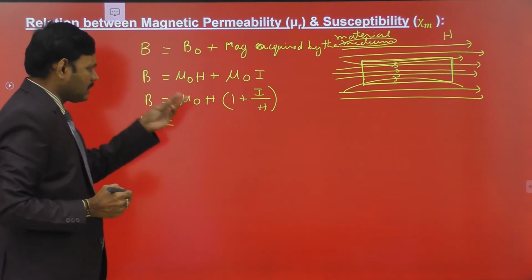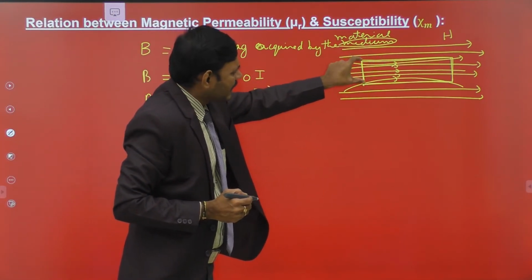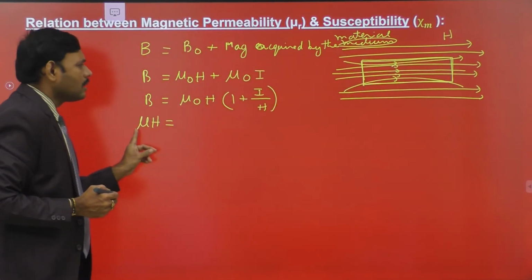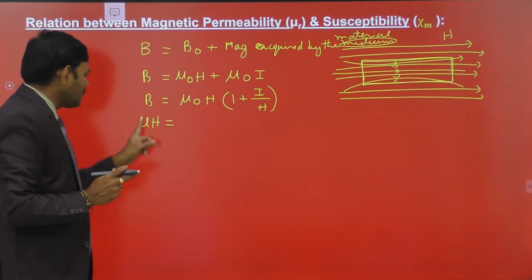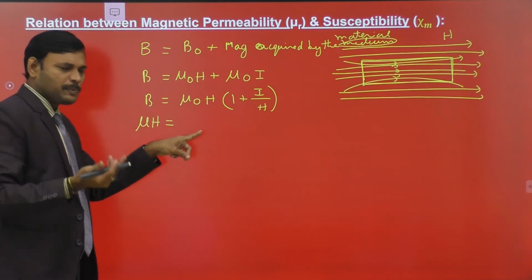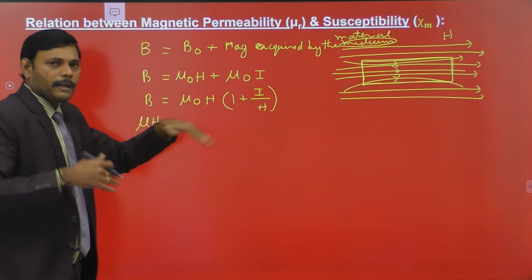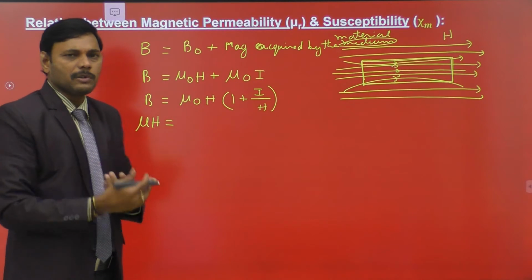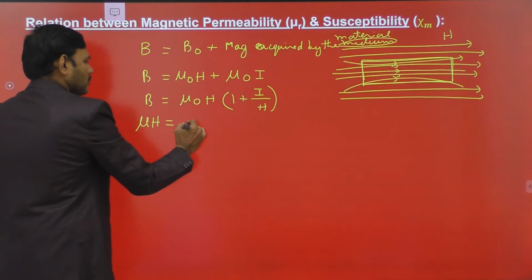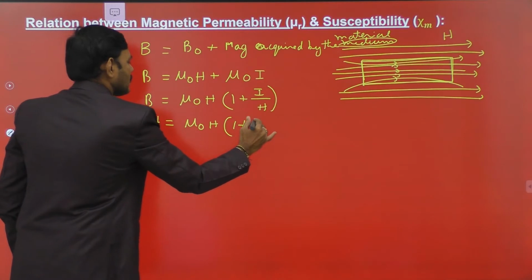If mu is the absolute permeability of the magnetic material like iron or cobalt or nickel, this rectangular box inserted in the magnetic field, then B is equal to mu H. In the medium, the expression for B is mu H. In free space, the expression for B is mu naught H. So, mu H is equal to mu naught H into 1 plus I by H.